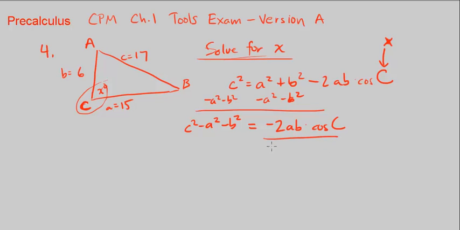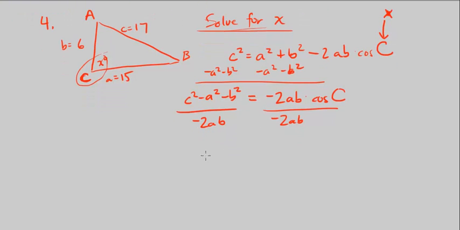Okay, then I divide both sides by negative 2ab. Remember, I can't divide by cosine because cosine is wrapping angle C, right? So then I get c squared minus a squared minus b squared divided by negative 2ab is equal to cosine of angle C. Okay, so how do I unwrap cosine?